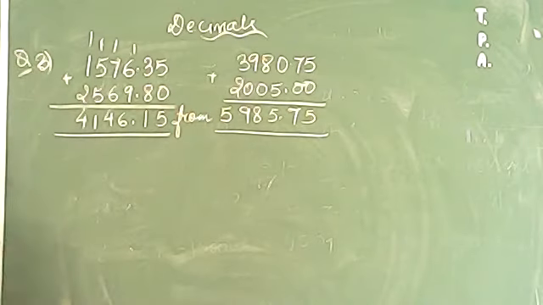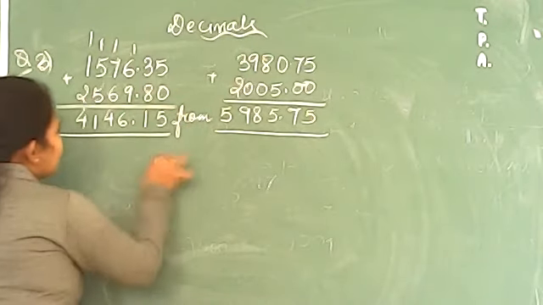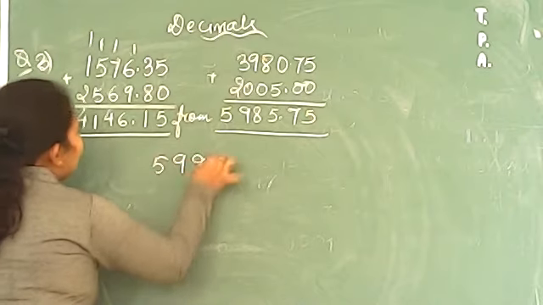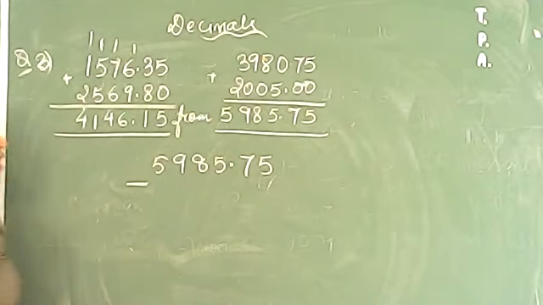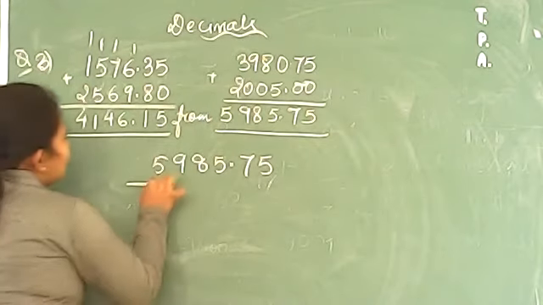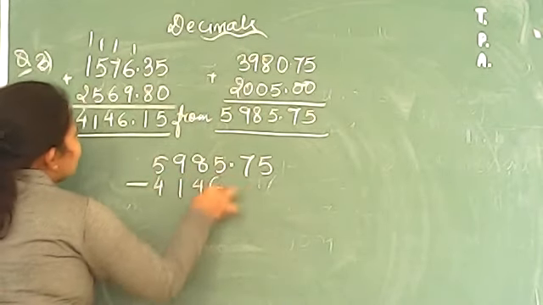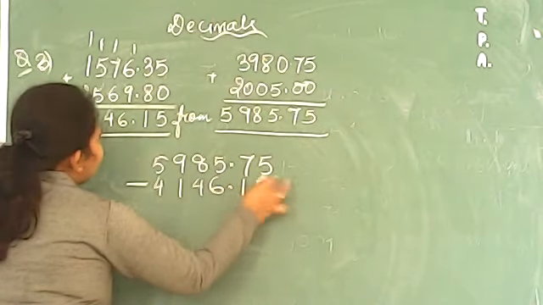In the question it is given that you have to subtract this from this. First you need to add, so we have added. Now you have to subtract, this from this. So first we will note it down, 5985.75 subtracting 4146.15.